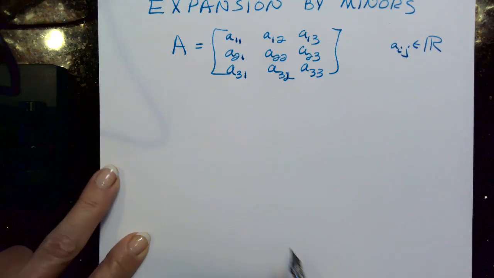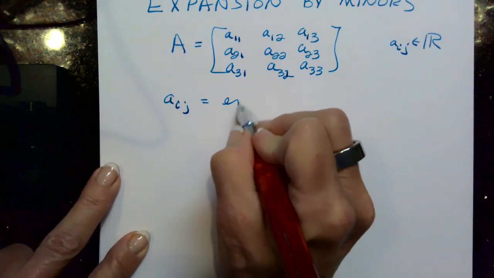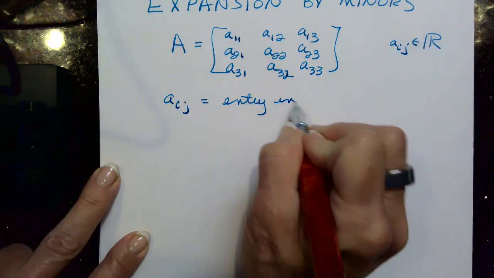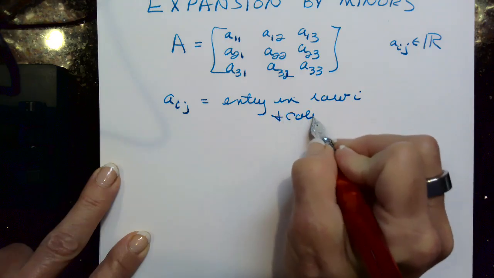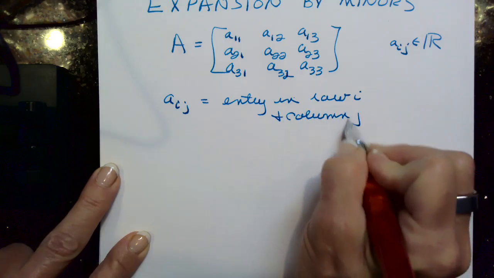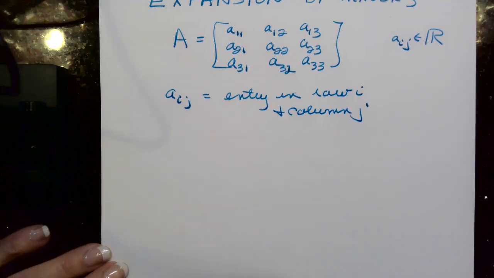Okay, and when you look at the ij entry, that means the entry in row i and column j. So even though it looks like those subscripts are a bit tedious, it's a really good way to keep track of things. It's very easy to follow along when you use that ij subscript notation.